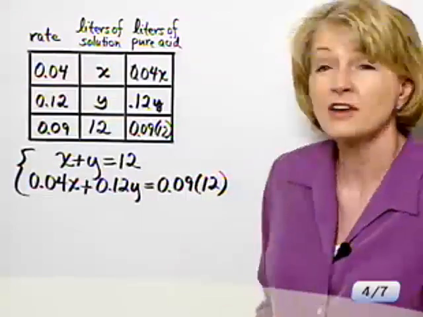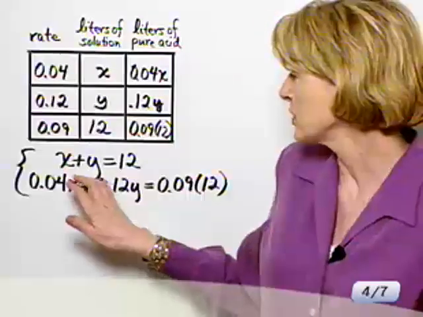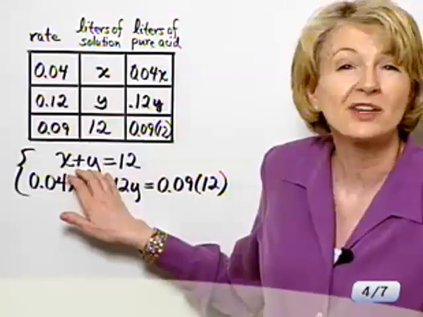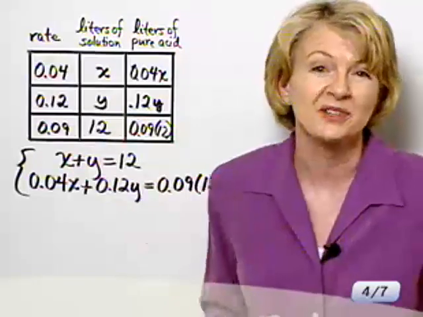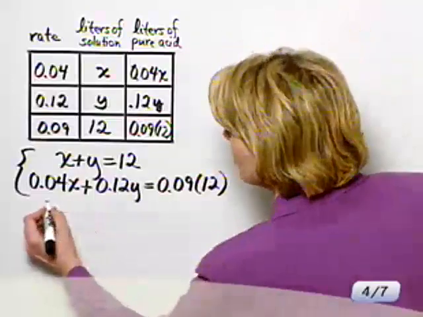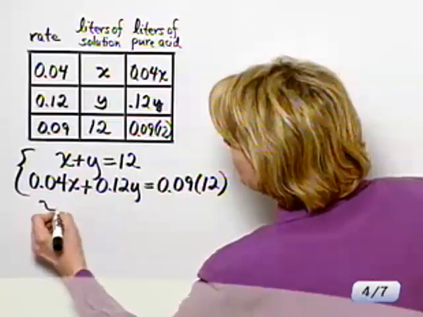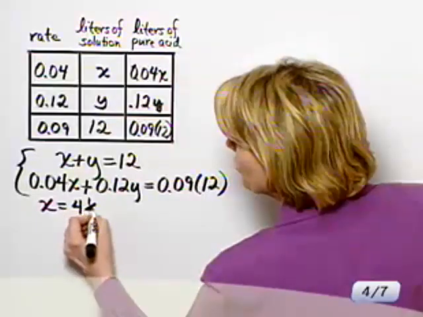It's up to you how to solve. You can use the addition method or the substitution method. If you want to use the substitution method, you may want to solve this equation for x or y, then substitute in the other equation. Whichever way you choose to solve, you will have that x is equal to 4 5/10 or 4 1/2.